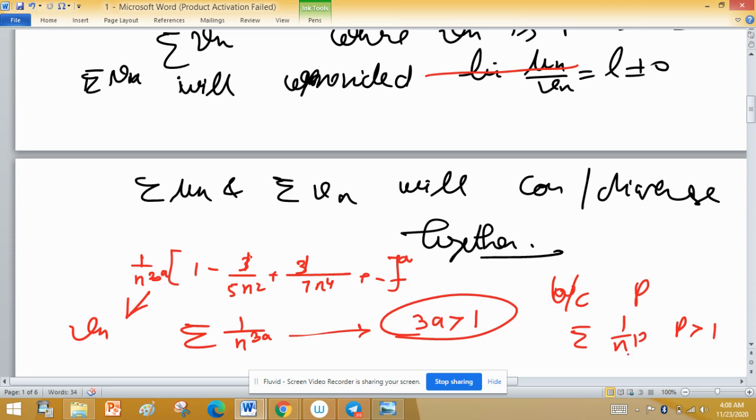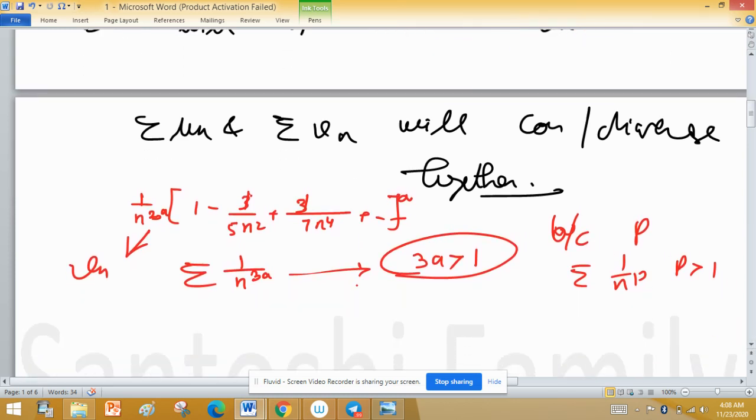For p equal to 1 the test fails, and for p less than 1 we can certainly say it is divergent. So it converges only when 3a is greater than 1. It means a is strictly greater than 1 upon 3.